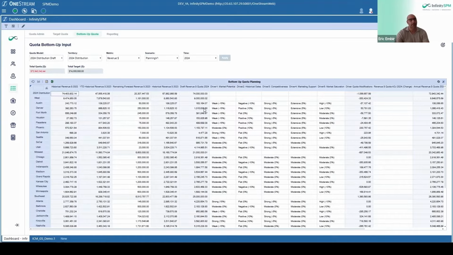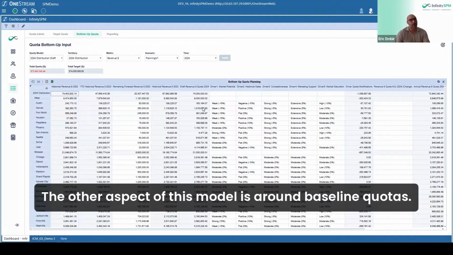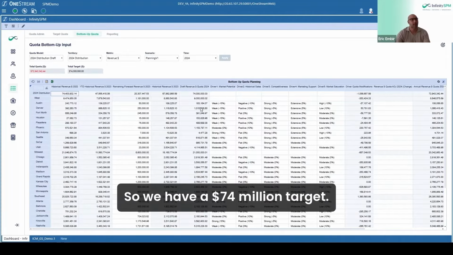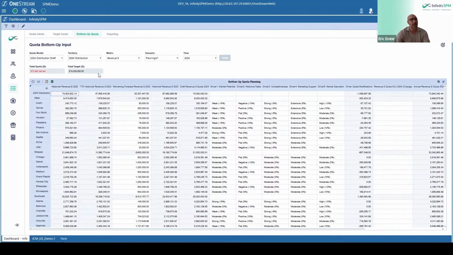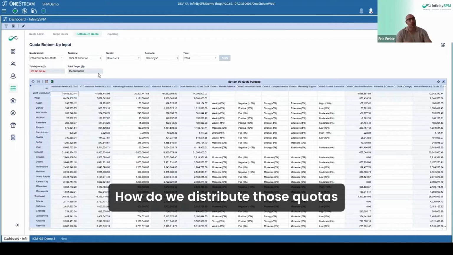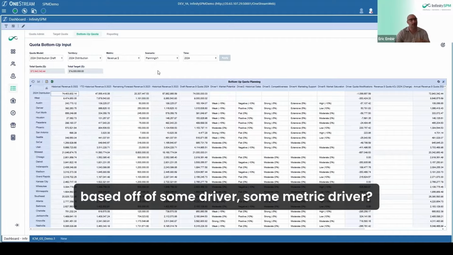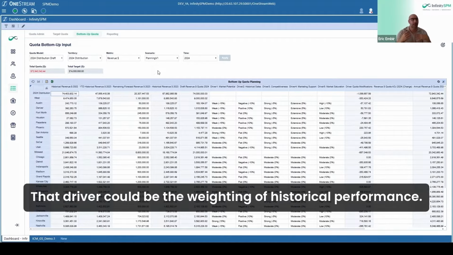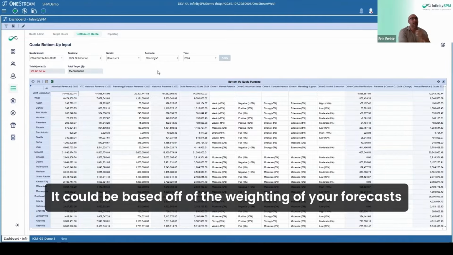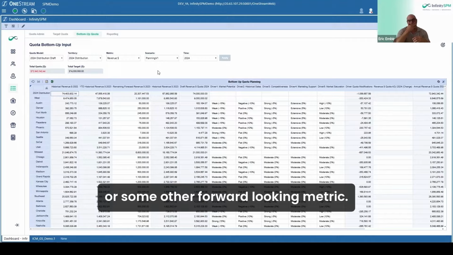The other aspect of this model is around baselining quotas. So we have a $74 million target. How do we distribute those quotas as a baseline to these individual territories based off of some driver, some metric driver? That driver could be the weighting of historical performance. It could be based off of the weighting of your forecast or some other forward-looking metric.